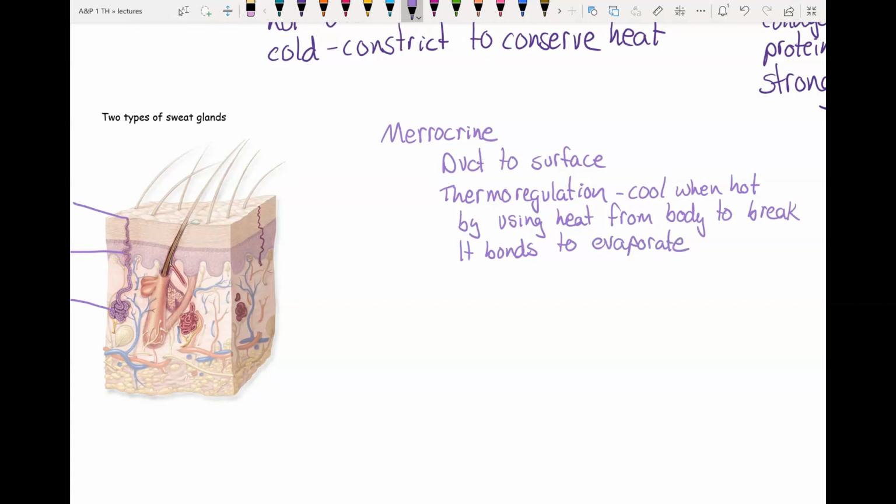So this sweat is mostly water. It does have some electrolytes. That's why we have Gatorade. So if you are exercising and working out and sweating a lot, you can drink Gatorade to replace the electrolytes that you lost.